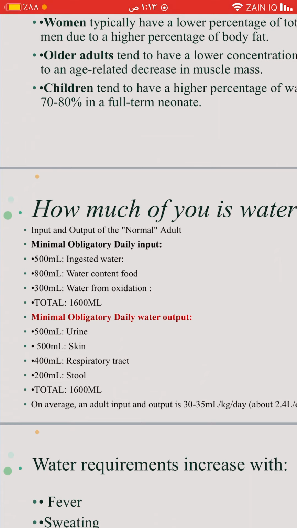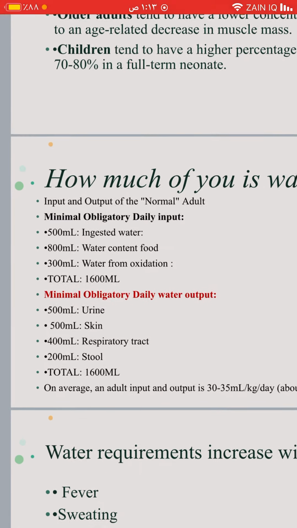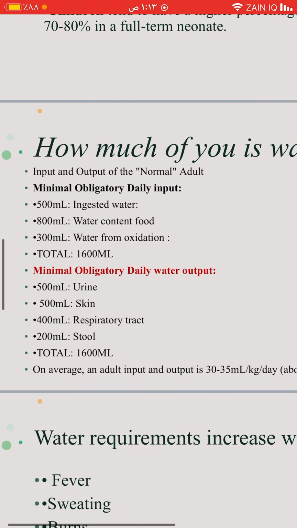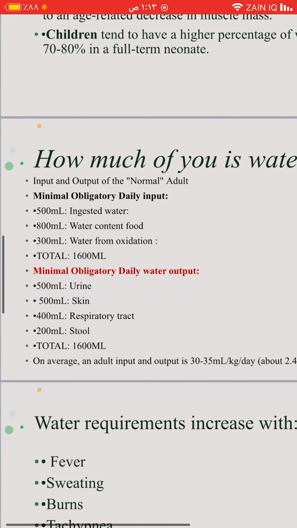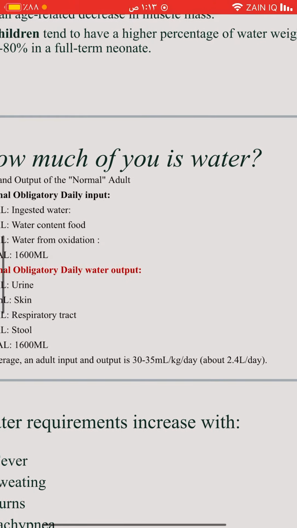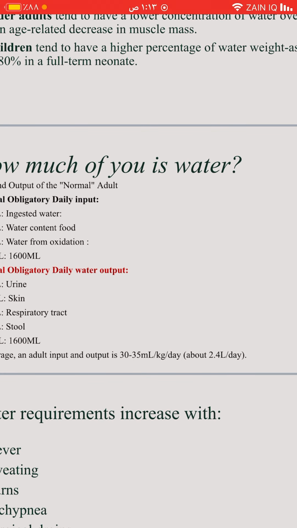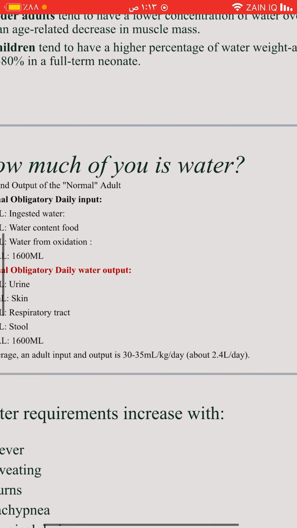Minimal obligatory daily water output: 500 ml urine, 500 ml skin, 500 ml respiratory tract, 200 ml stool, والtotal هو 1600 ml. On average in an adult, input and output is من 30 إلى 35 ml لكل كيلوغرام per day، كل يوم، about من 2 إلى 2.4 لتر per day.